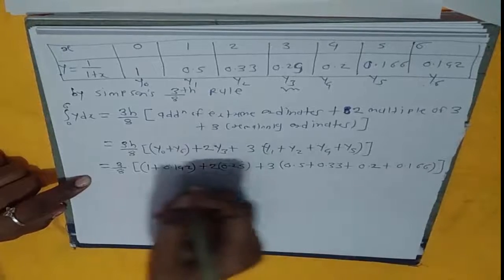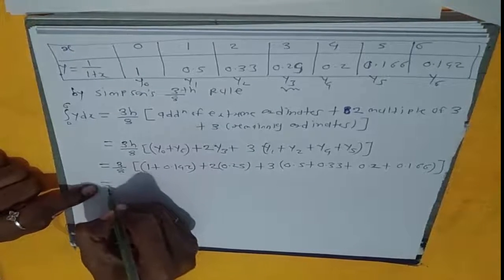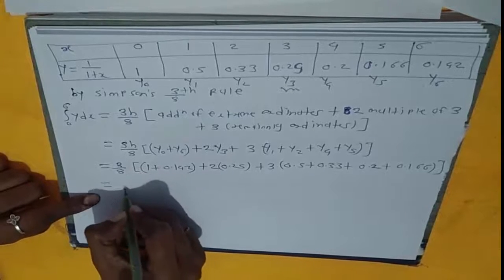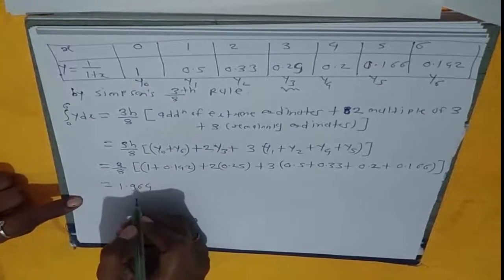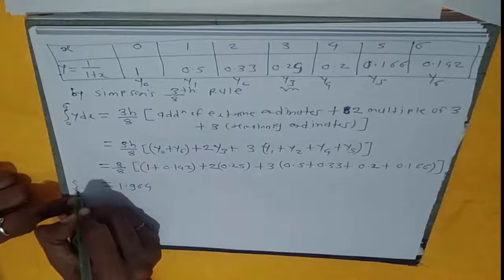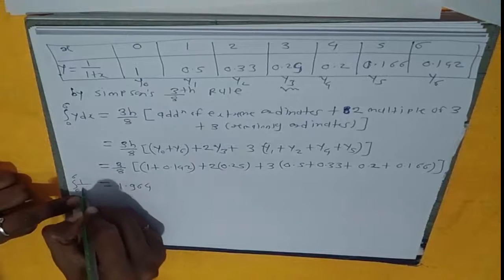The bracket is complete. Then the calculation value will be 1.964. That is the integration from 0 to 6 of 1 upon 1 plus x dx.